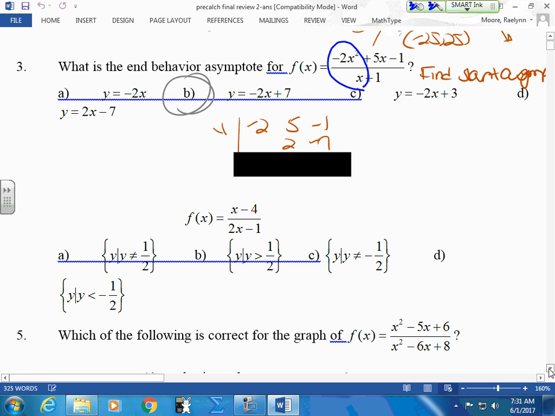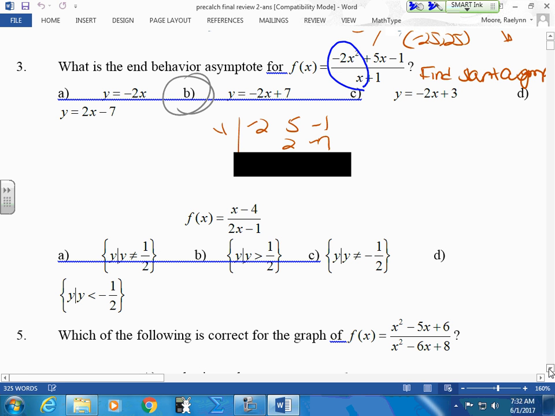So we had 3 rules. We said if the power in the numerator is less than the power in the denominator, you had y equals 0. If the power in the numerator is the same as the power in the denominator, then you have a y equals and you make it a ratio. Remember these? Do you have to? They're in your packet, like on my test.